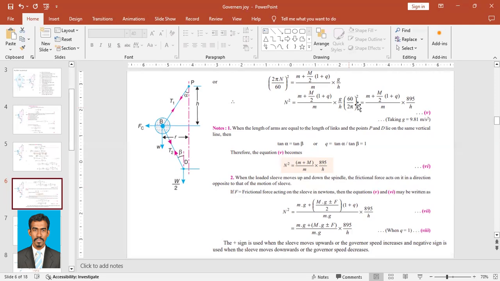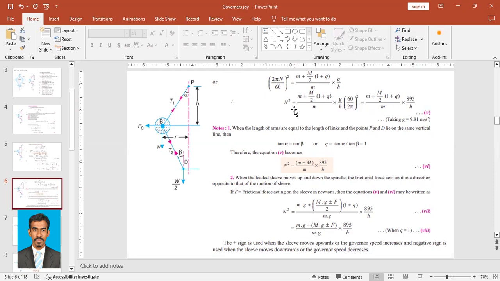When you solve it, what you will have is small m plus capital M by 2 into 1 plus q upon m into 895 upon h. So this 60 squared, 3600, upon 2 pi whole squared, that is 4 pi squared, gives 895.